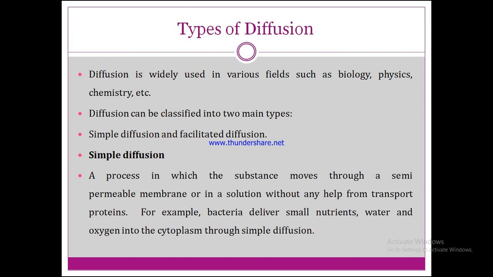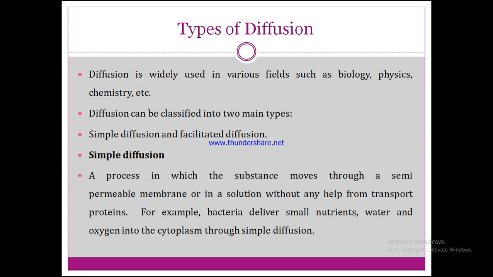Now the most important part is the types of diffusion. Diffusion is widely used in various fields such as biology, physics, chemistry, etc. Diffusion can be classified into two main types, simple diffusion and facilitated diffusion.